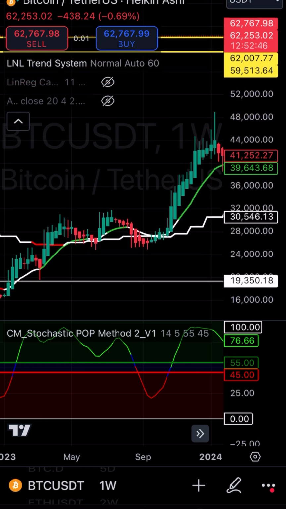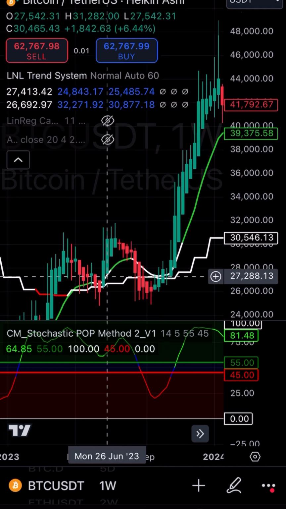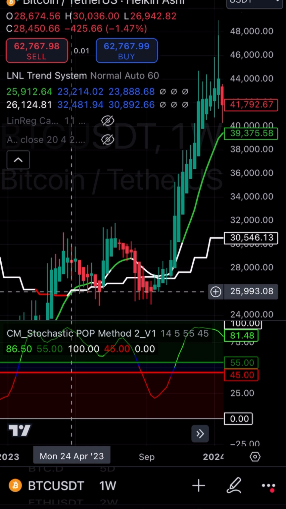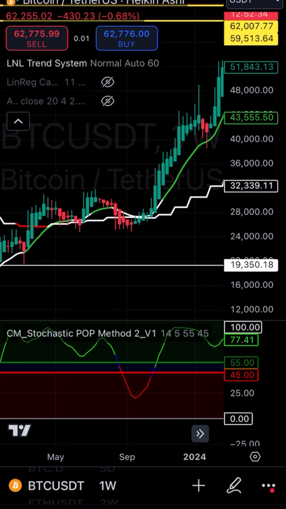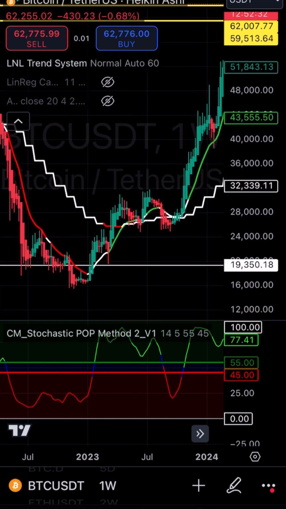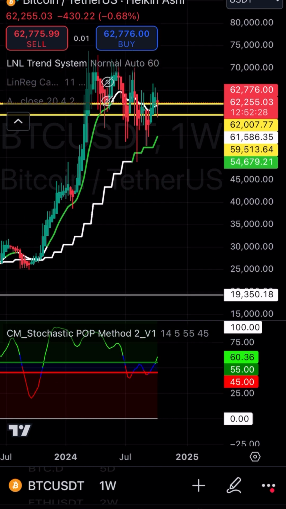You see it cross right here. So this would have been the start of it. So if you entered here on the weekly, you would have been in profit. It shows you exactly when the bull cycle is starting, because you could have ridden that entire thing out.